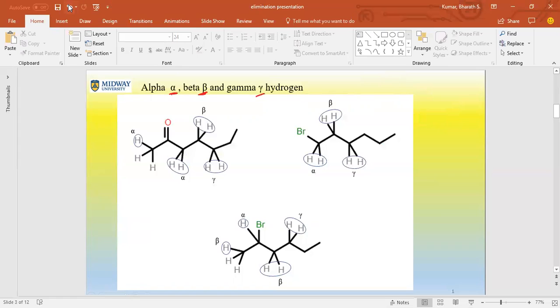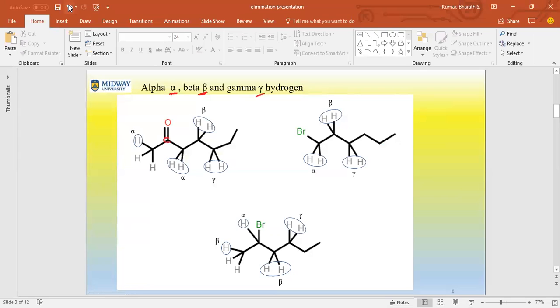Now, depending on the functional group itself, where the alpha is located is always different. If you look at this particular compound, this C double bond O is your functional group.